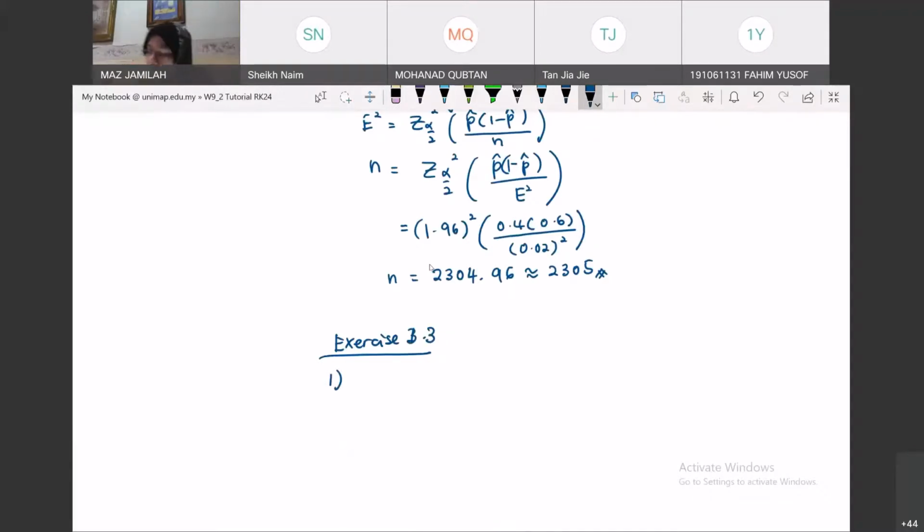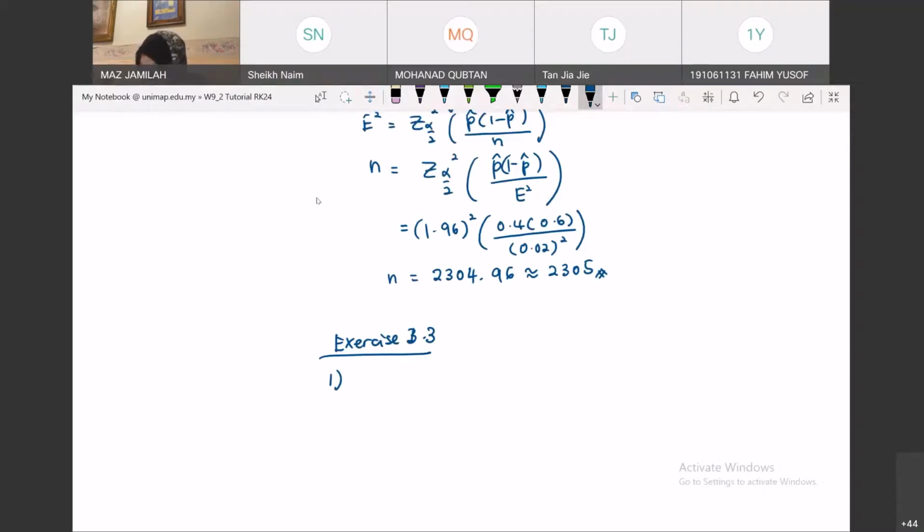Now, what is the question? The diameter of 2-year-old harum manis trees is normally distributed with standard deviation of 8 cm. Okay, class, please be more meticulous when you read through your question. Now, the given standard deviation is 8 cm.